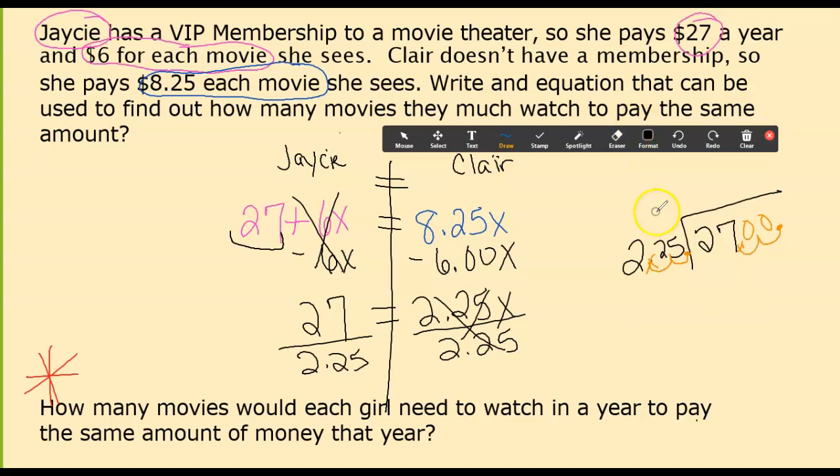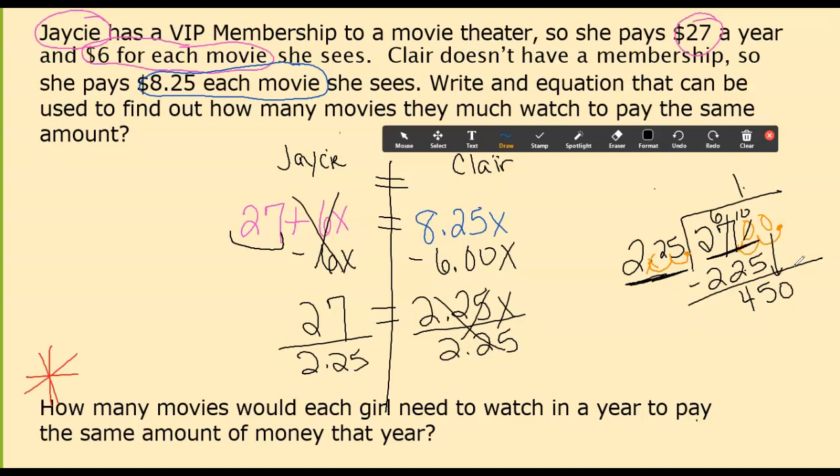Now, when I'm dividing, I have 225. That goes into 270. How many times? One time. 1 times 225 is 225. Subtract. We're going to need to borrow. 6 becomes a 10. 10 minus 5 is 5. 6 minus 2 is 4. Remainder 45. But I need to bring down my 0. 225 goes into 450.